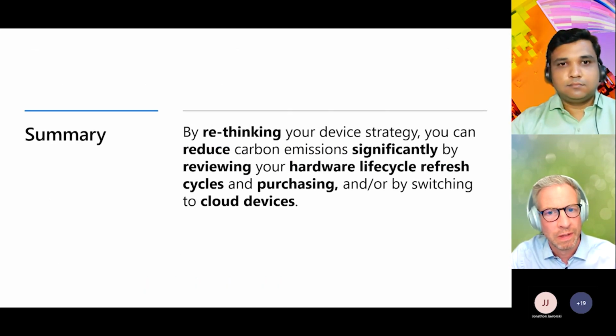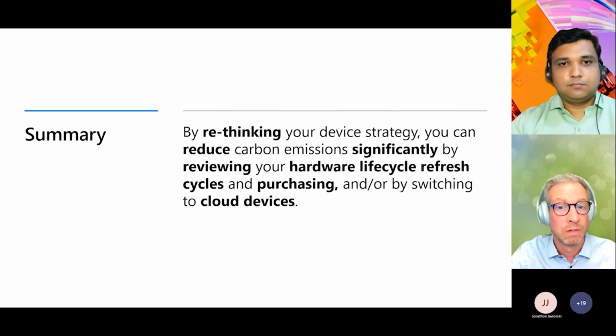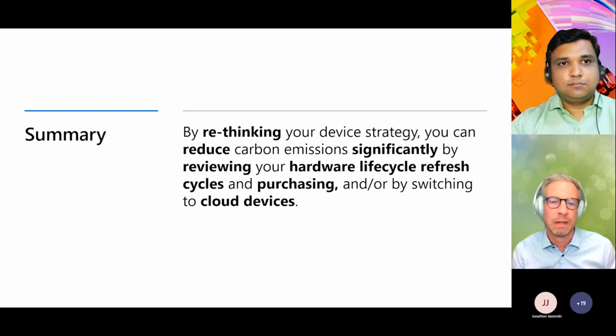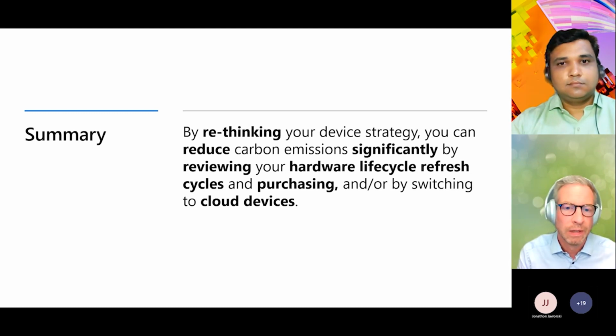To summarize all of this, by rethinking your device strategy, you will likely and rather easily be able to cut carbon emissions by half of your existing state. It can be done just by purchasing the least carbon generating devices or computers.